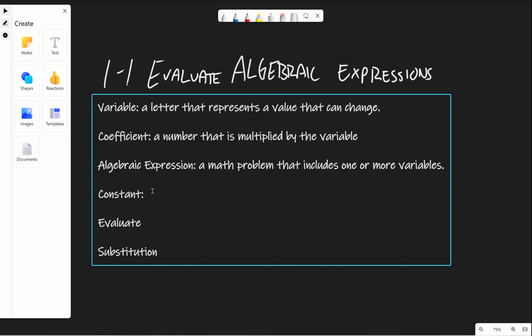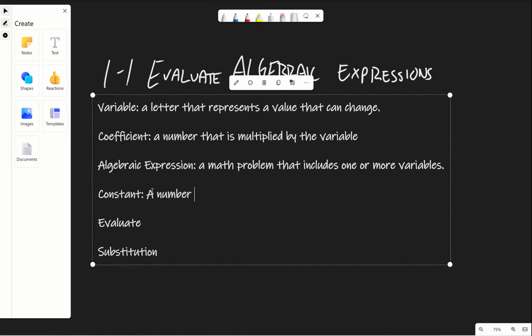All right, a constant is a number that does not change. So numbers are constant. They're not changing. 5 is 5 every time. 7 is 7 every time. 22 is 22 every time. These numbers don't change. All right.